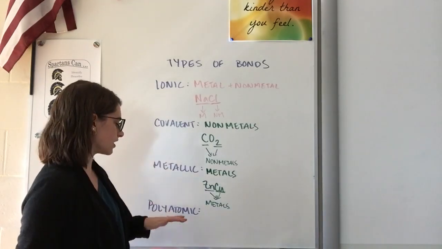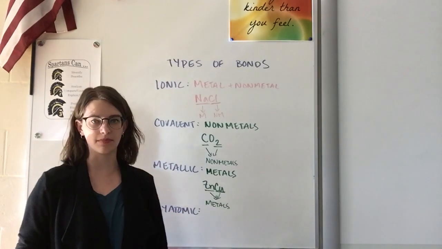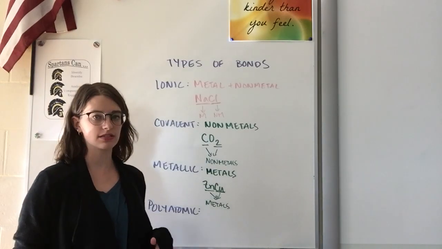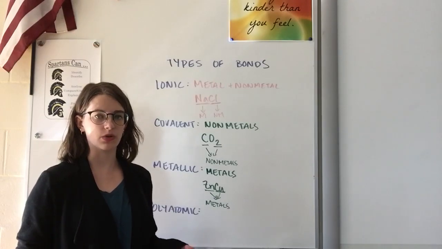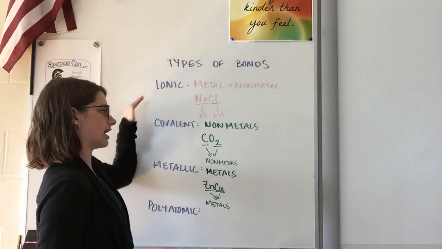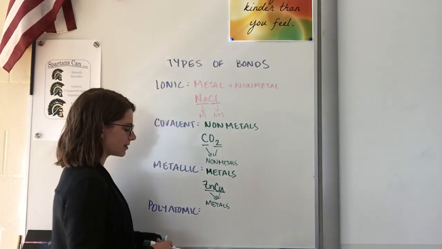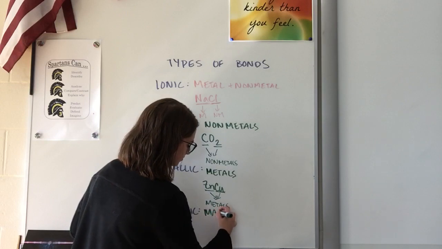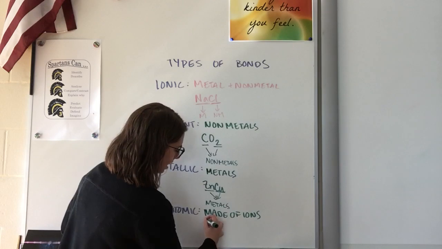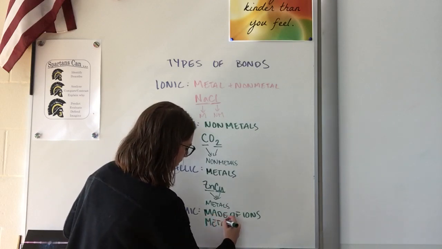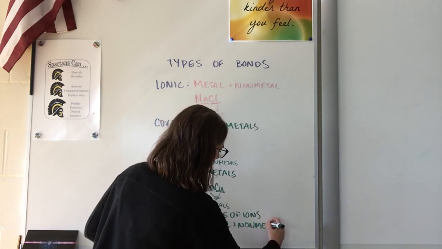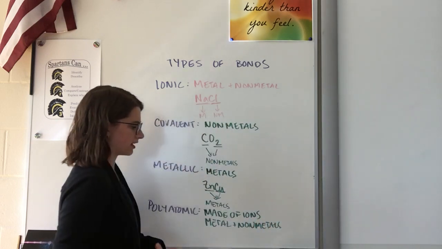The last type of compound that we're going to look at is called a polyatomic compound. And it contains what are called polyatomic ions. So a polyatomic compound, or a compound with polyatomic ions, is going to be a blend of a covalent and an ionic compound. So a polyatomic is going to be made of ions. It's still going to have at least one metal, but it's going to have definitely multiple nonmetals.